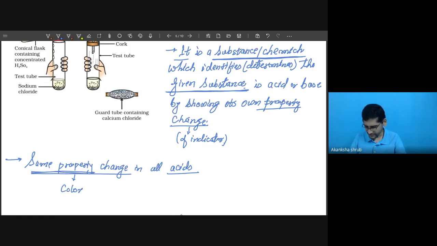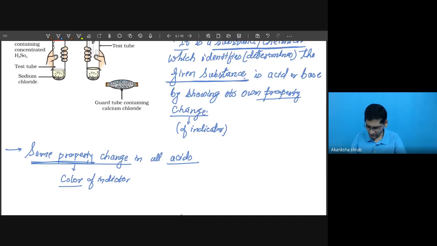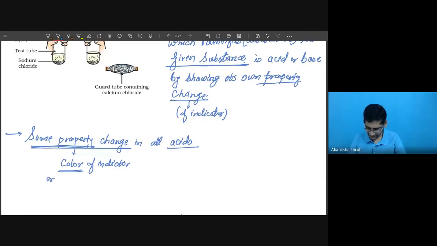Mostly it is the color of the indicator that changes. It need not always be the color. It may be possible to give a different smell also, or odor, or smell change.